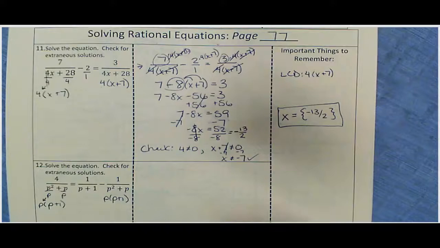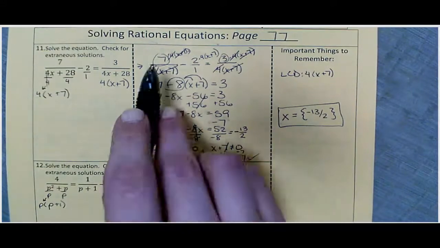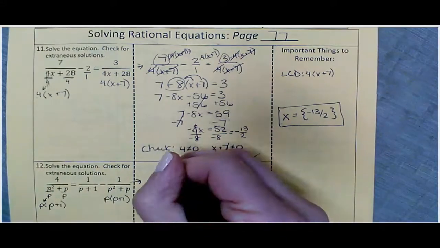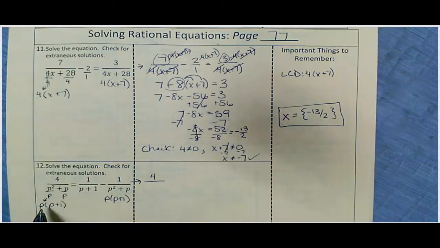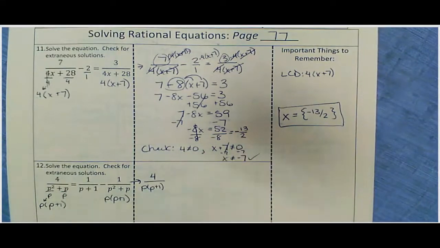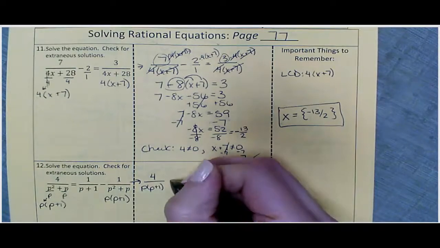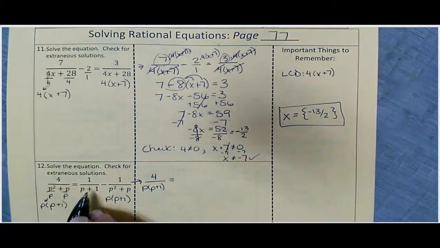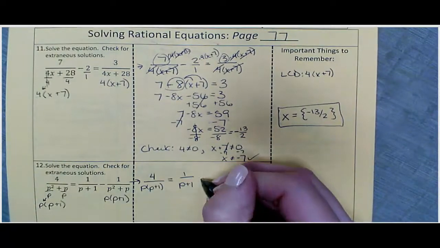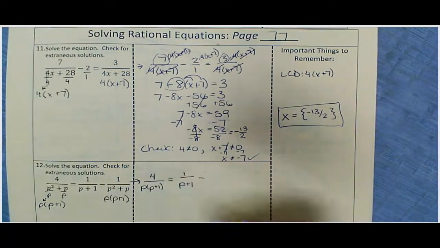I'm going to go ahead and rewrite this kind of like I did up here, because I don't want this double layer of work here. So I have 4 over p times p plus 1 equals 1 over p plus 1 minus 1 over p times p plus 1.